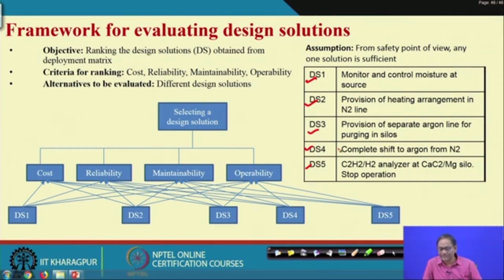It is a very conservative and restrictive assumption, because the design solutions are different and could have different potential, but nevertheless I am saying that any one of them is sufficient. If you find that there is some better solution, fantastic, but this is our assumption for comparison. The reason is, if any one of them is not sufficient to ensure safety, then that is not a good solution, which you have found using SFD, so that is not to be considered.